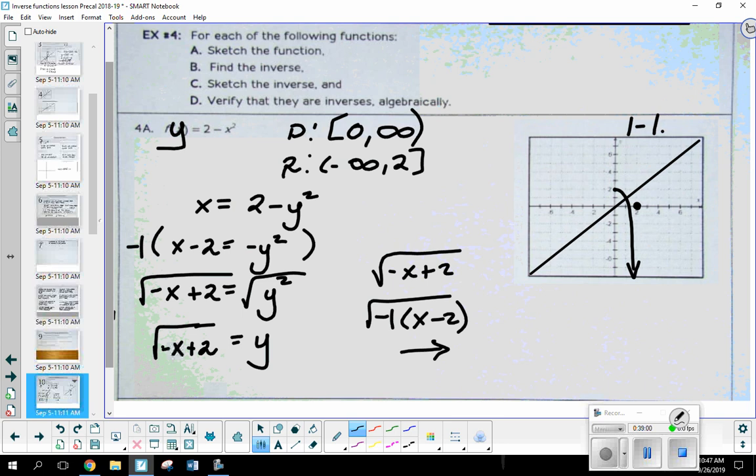Okay. Well, what's the negative going to do if it's inside? We know it's a reflection, but what's it going to reflect with? Is it the x-axis or the y-axis? Okay. It's the y-axis. It's going to reflect it backwards. So it's probably going to look something like this.